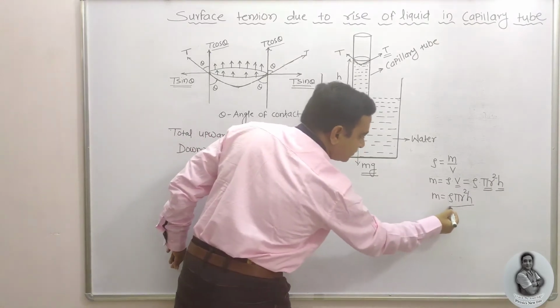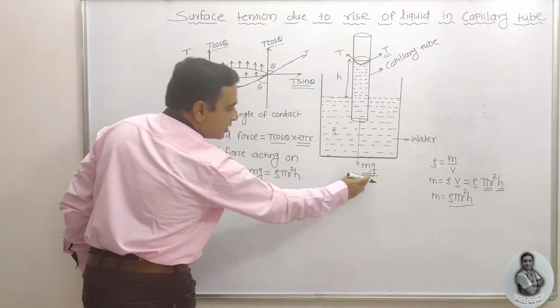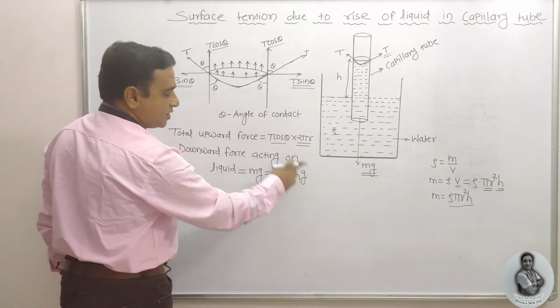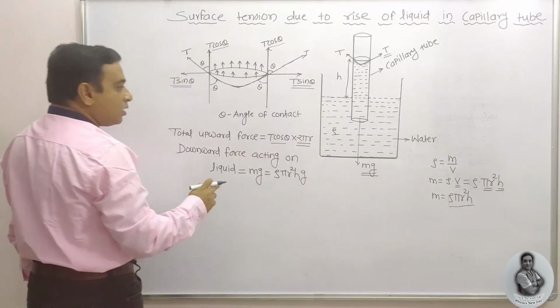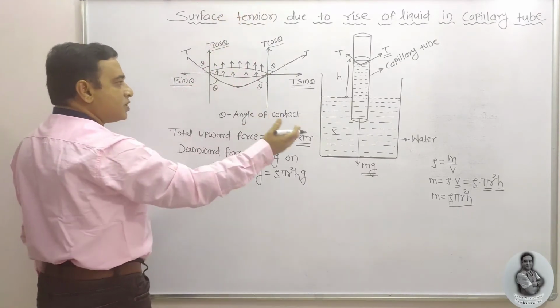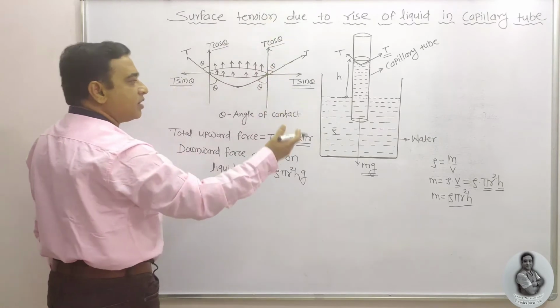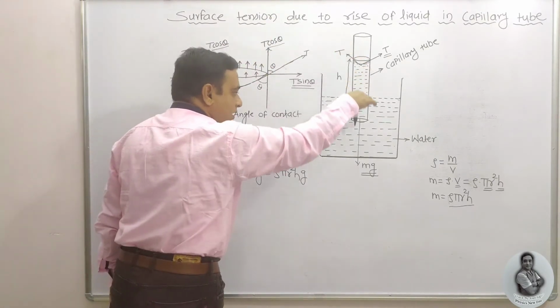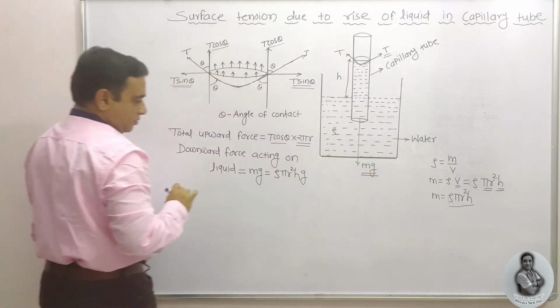See this one. And what about the remaining? That is g. This is your mg. Then this upward force pulls the total liquid in the upward direction, whereas weight pulls the total liquid in a downward direction.